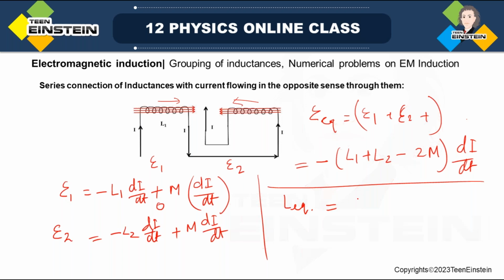So that will be here actually L1 plus L2 minus 2M.